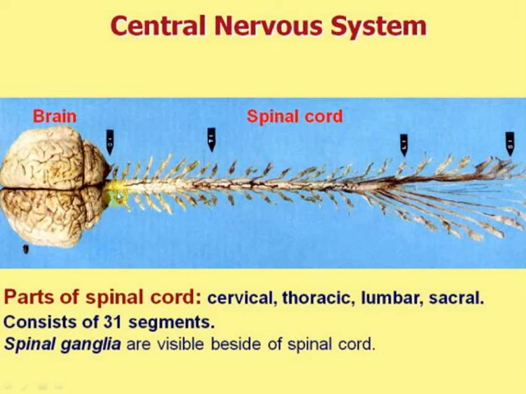In the picture, the spinal ganglia are visible beside the spinal cord. The spinal cord consists of 31 segments. Every segment includes two pairs of roots, a pair of posterior roots and a pair of anterior roots, and a pair of spinal ganglia.